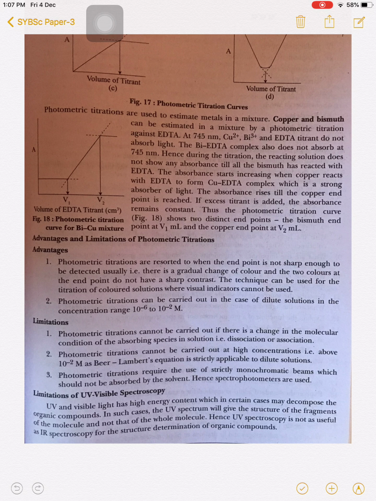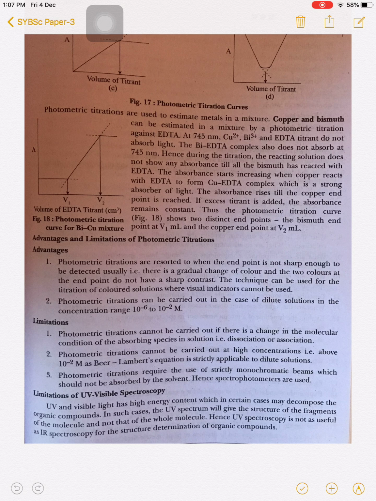The last is the limitation of UV visible spectroscopy. UV and visible light has high energy content, which in certain cases may decompose organic compounds. We know that UV and visible radiations are high energy radiations, and when we use UV visible spectroscopy, the compound may undergo decomposition. This is the limitation.